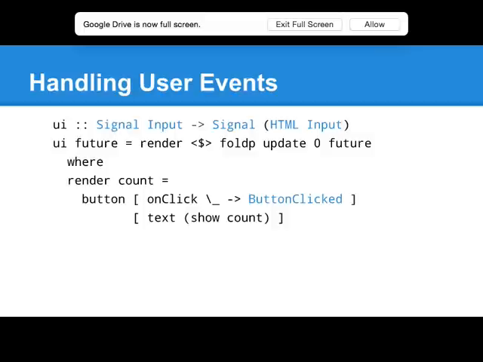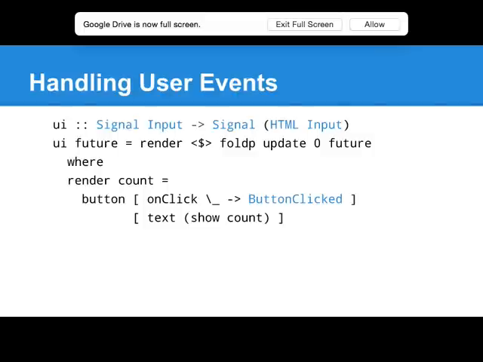Once I have that signal, it has a type signal of number, because our state type is number. I want to use the functor type class instance to map a function from numbers to HTML elements.